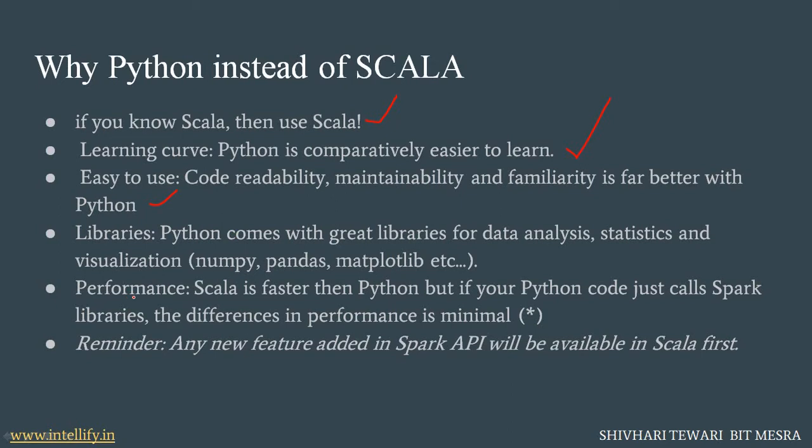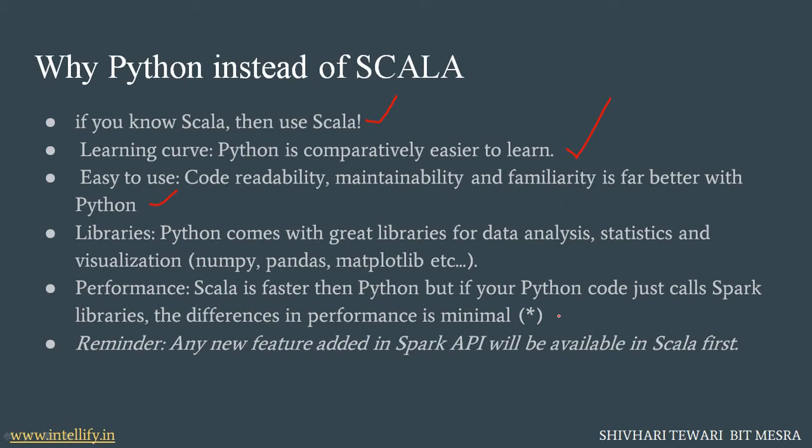If we talk about performance, we can say Scala is faster than Python. No doubt Scala is faster than Python. But if your Python code just calls Spark libraries, the differences between Python and Scala will be minimal because they are much more similar to each other. They both are mixed paradigm languages.